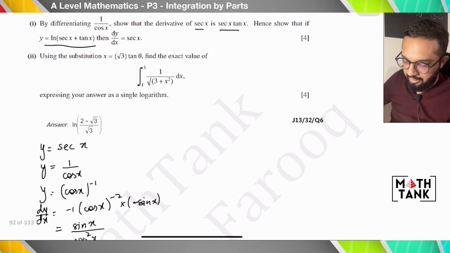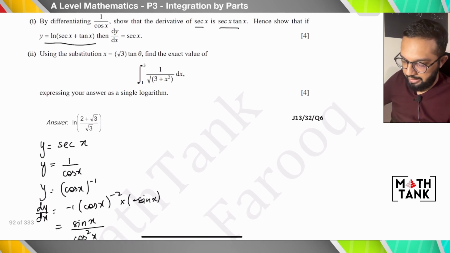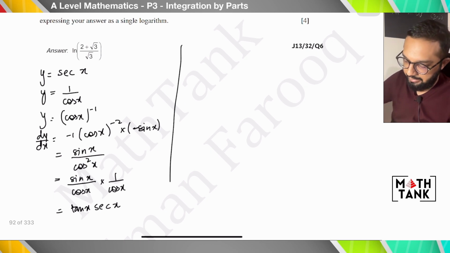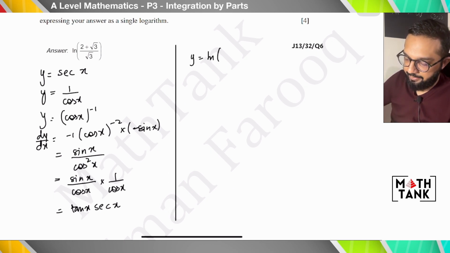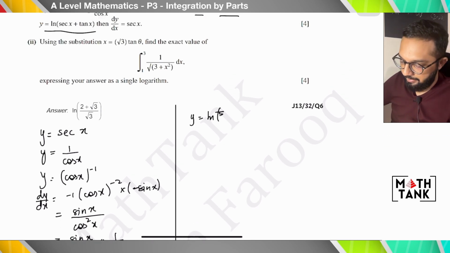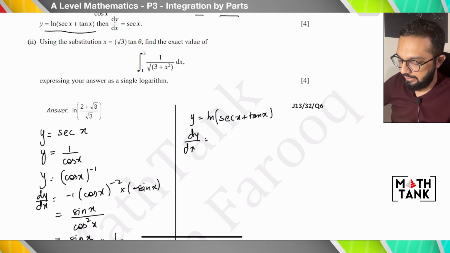Then it says hence show that if y equals ln of sec x plus tan x, the differential would be sec x. So dy over dx is 1 over sec x plus tan x into the differential of the bracket.